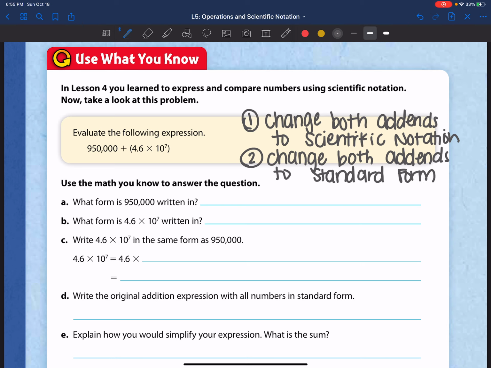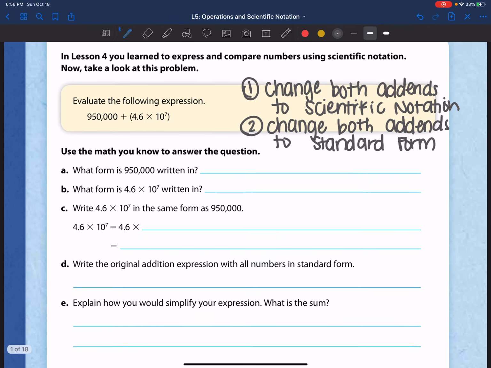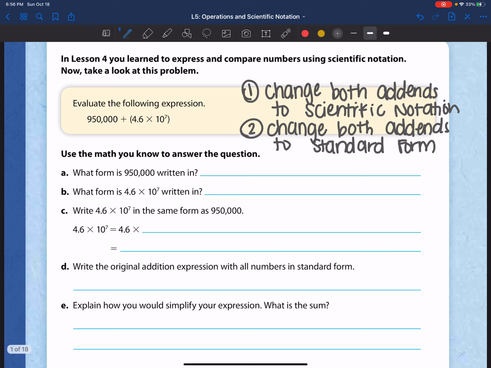Okay, so that's really up to you. All right, so today we're really just going to focus on keeping them both in scientific and standard form.